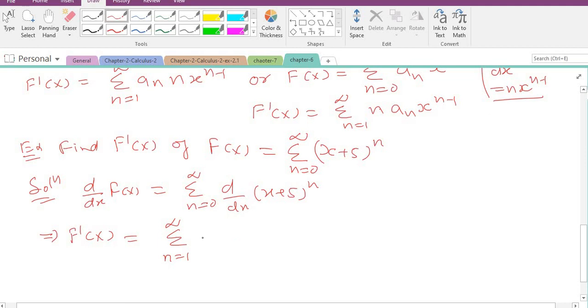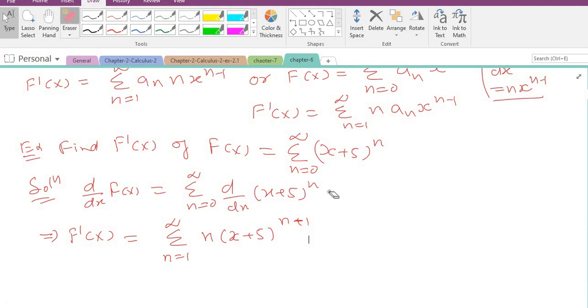Using this rule, n times (x + 5) to the power n minus 1, sorry, n minus 1 here, not n plus 1. So write just n minus 1.